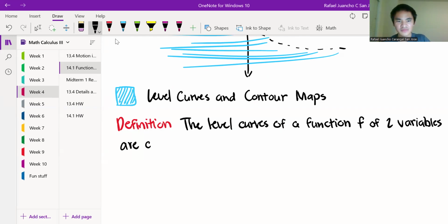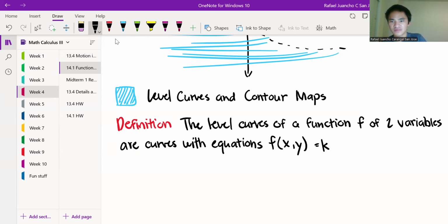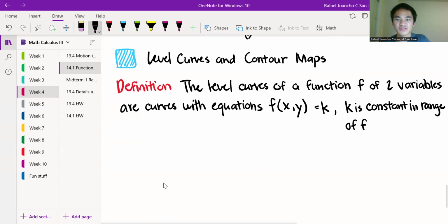So these are curves, and they have equations f of xy, which is equal to k. And here k is some constant. Here we say k is constant in range of f. So that's what we're saying.